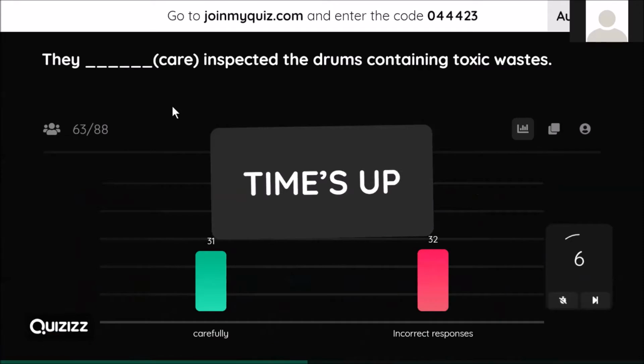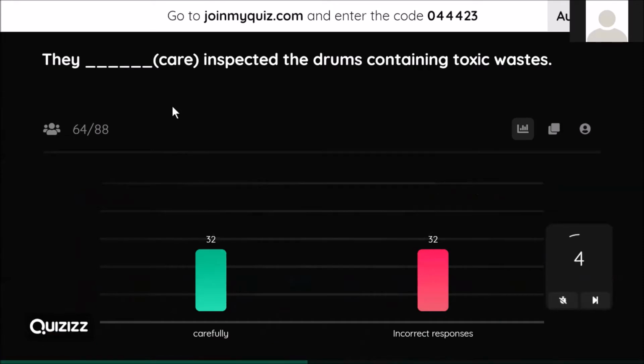Inspected 在那边是一个动词来的。所以你要形容动词的话，你要用副词，你要用 ly 的那个。Okay, you need to use the adverb. So the adverb is carefully.